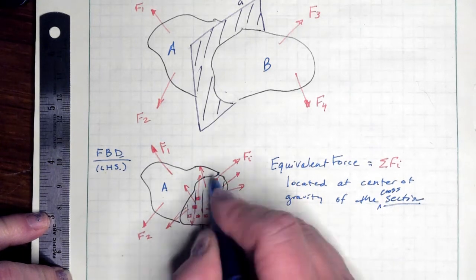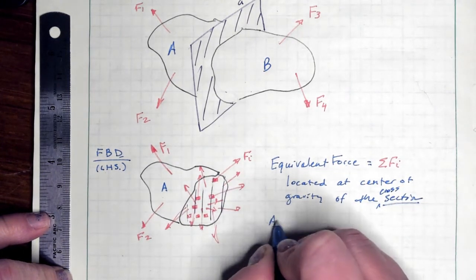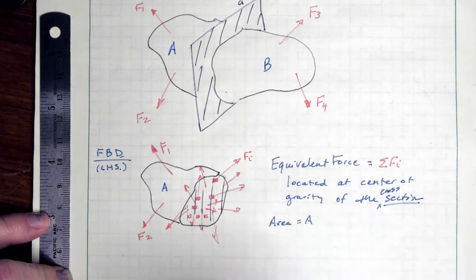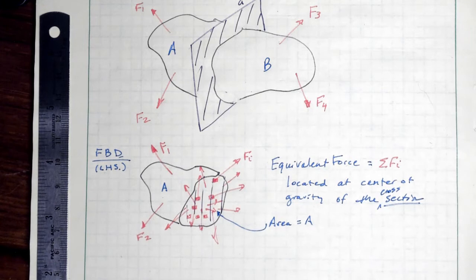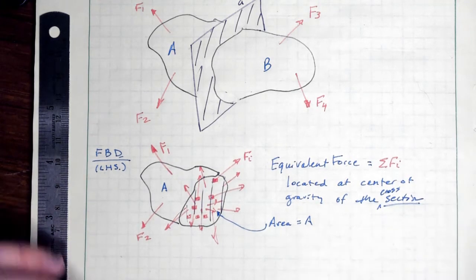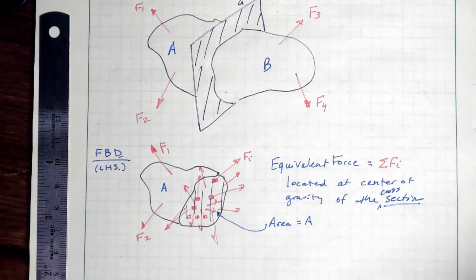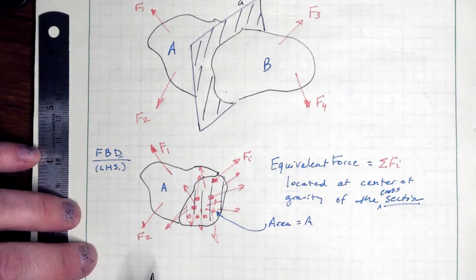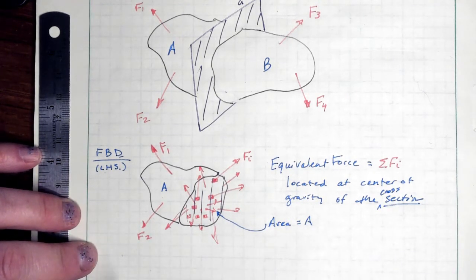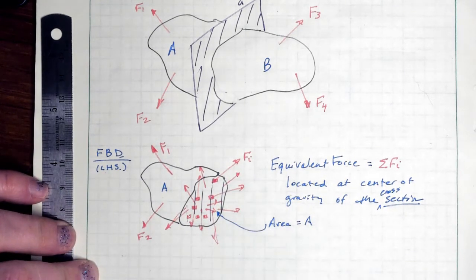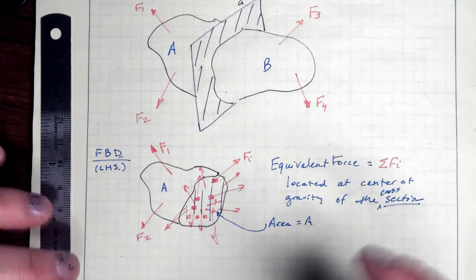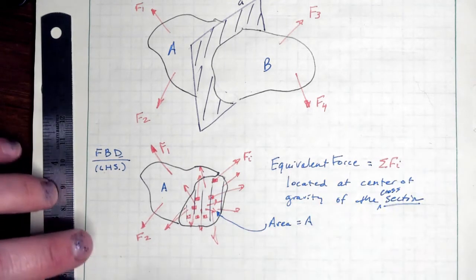So if our cross-sectional area is the area, and it's that area, all of these forces are internal forces. They're all acting as external forces for this free body diagram. All right, we have to maintain equilibrium. We can represent all of these forces as these resultant or equivalent forces.